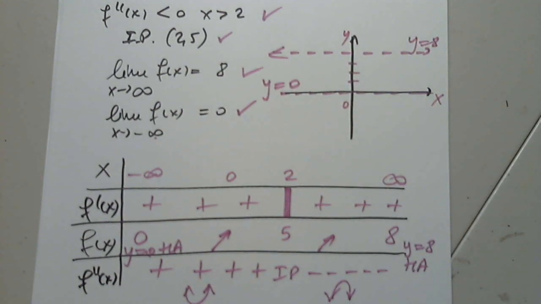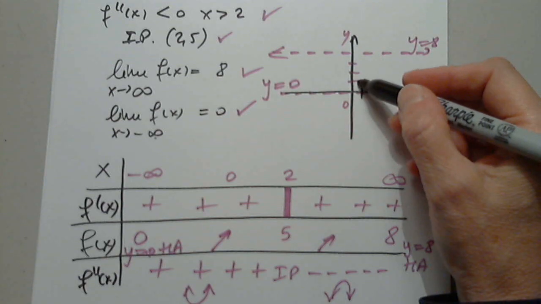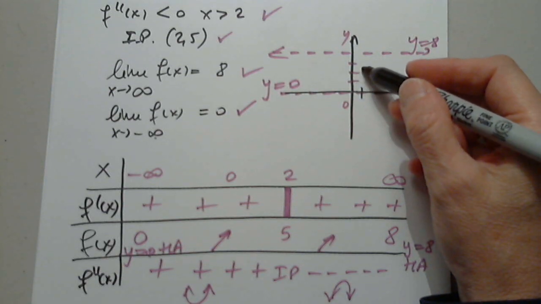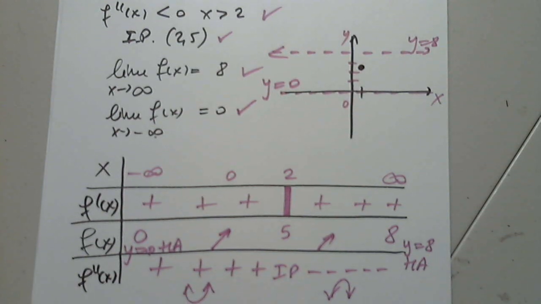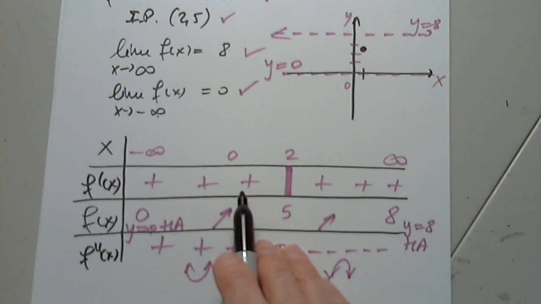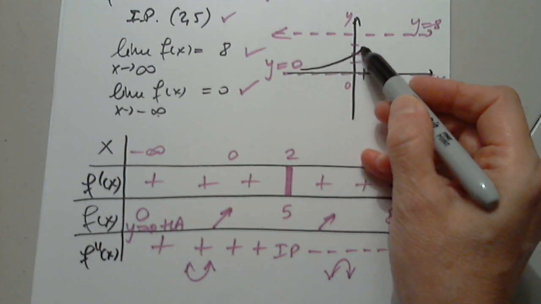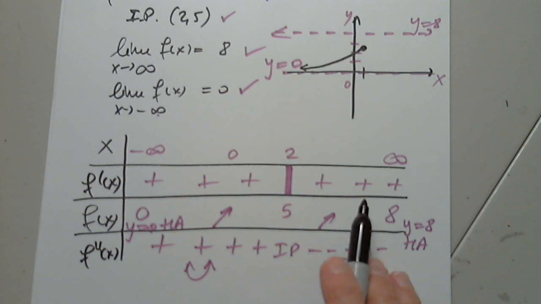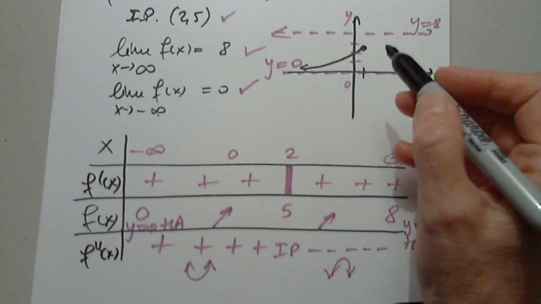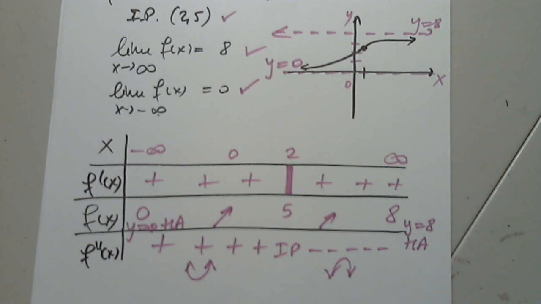So I graph the asymptotes. I have 2 comma 5, the inflection point. Coming from 0, increasing, opening up to the inflection point. Changing concavity, increasing, approaching 8. That's our f of x.